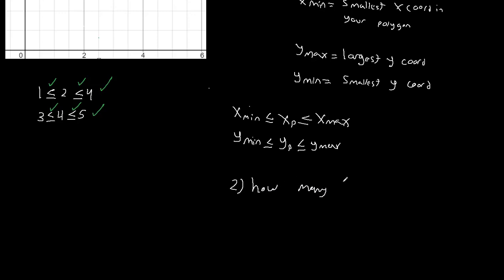How many lines are to the right of our point?